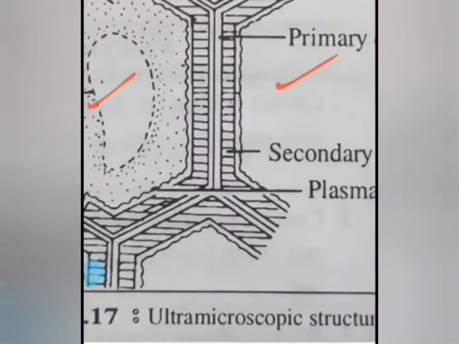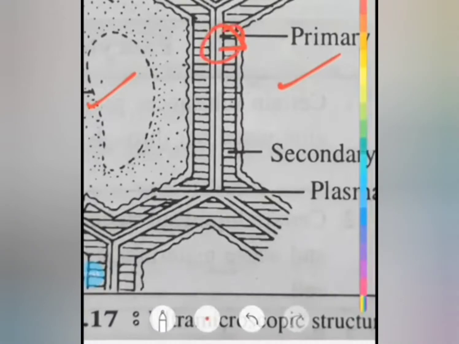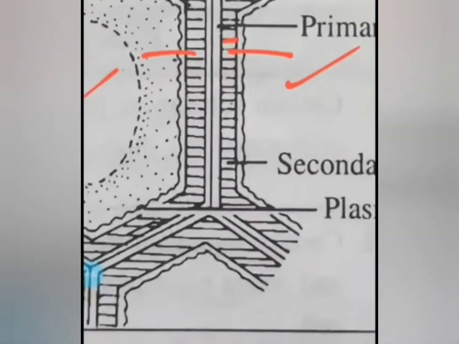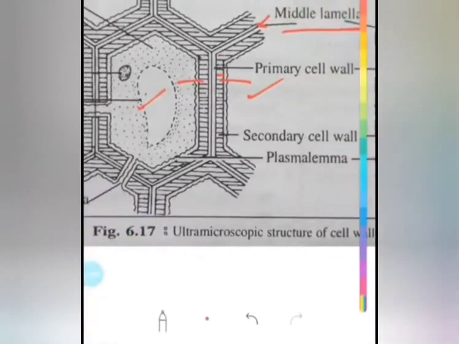If you can see the point, if this one is the primary cell wall, and this is present on both the sides of the cells, and the middle one, this middle layer, is the middle lamella. So it is common to both the cells. And it is mainly made up of pectin, cellulose, calcium. Pectin is a protein and cellulose is a complex carbohydrate.